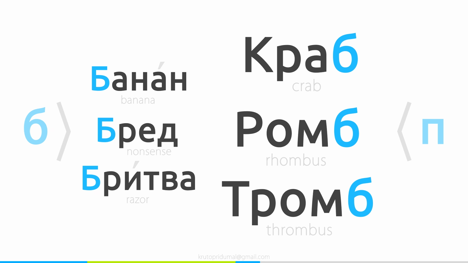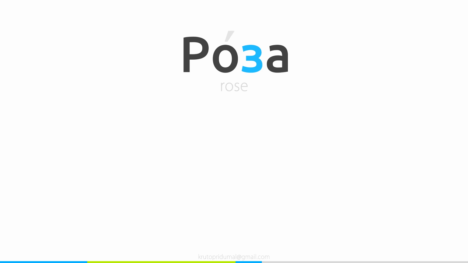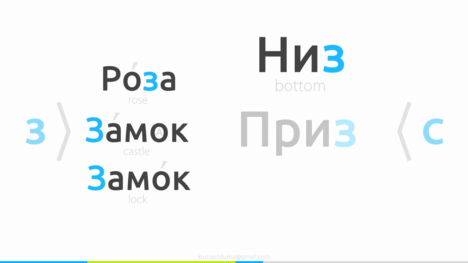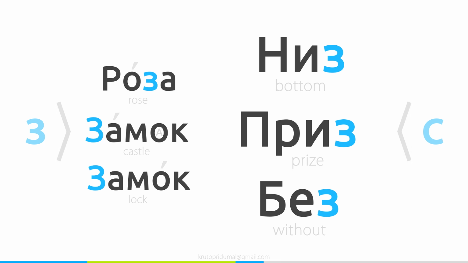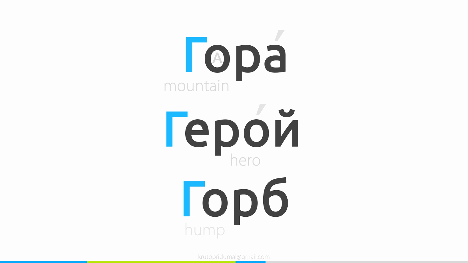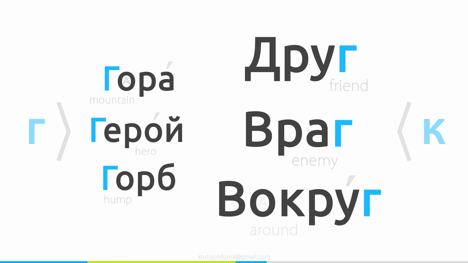That's right, in this case, B sounds like P. And Z becomes S. Роза, замок, низ, приз, без. And G sounds like K. Гора, герой, горб. Друг, враг, вокруг.